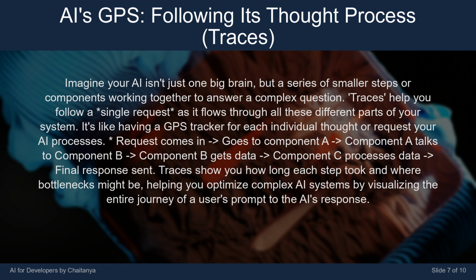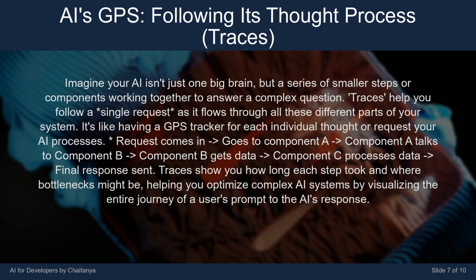Request comes in, goes to component A, component A talks to component B, component B gets data, component C processes data, final response sent. Traces show you how long each step took and where bottlenecks might be, helping you optimize complex AI systems by visualizing the entire journey of a user's prompt to the AI's response.